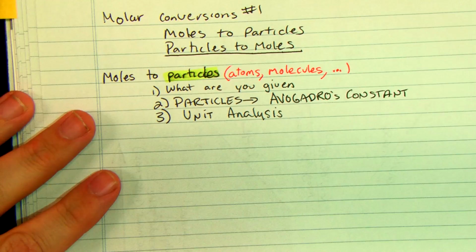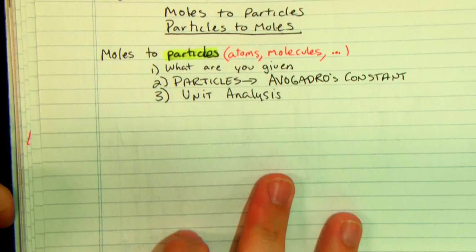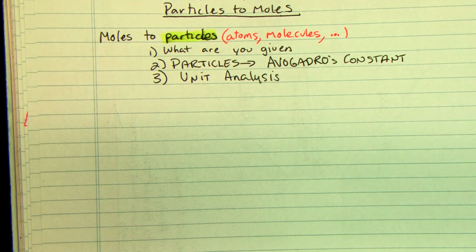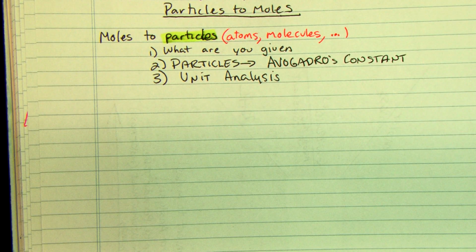I'm going to say this is the best way to do it. And everything that I do is going to be unit analysis, even though I'm going to show you a couple, I don't want to say shortcuts, but a couple different ways that you can go about doing it. Because once you know unit analysis, you never have to remember all the different ways to convert things.